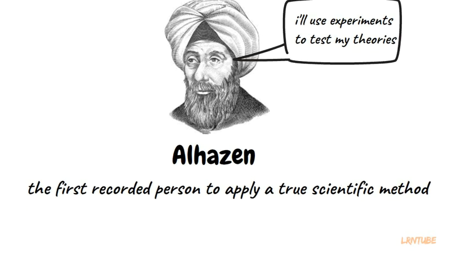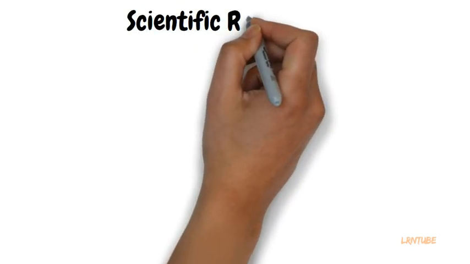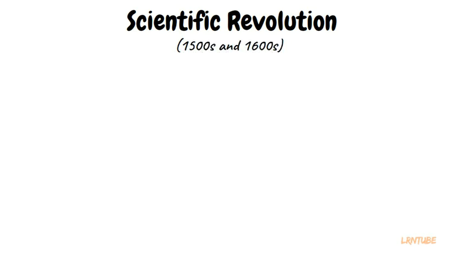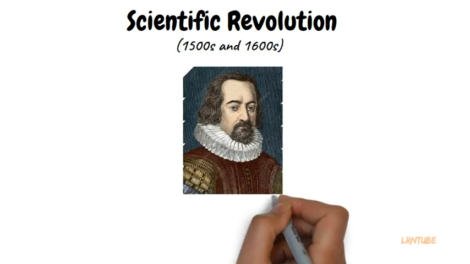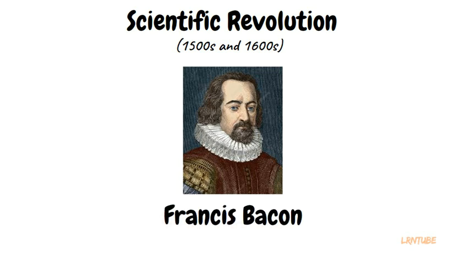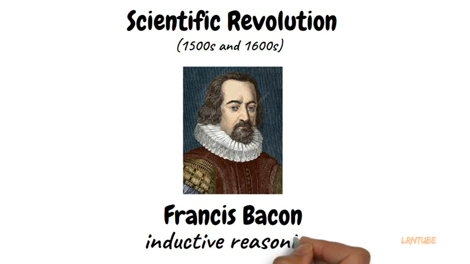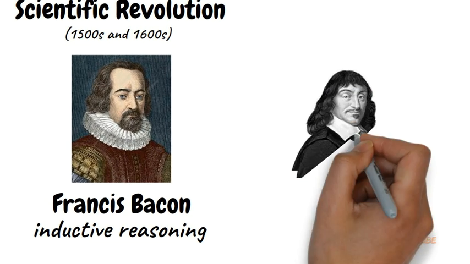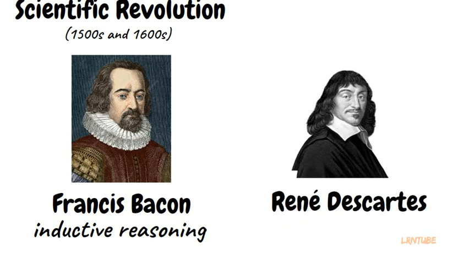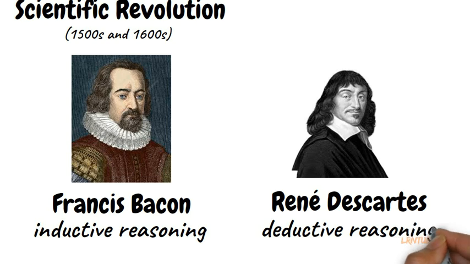true scientific method. During the scientific revolution of the 1500s and the 1600s, scientists started asking new questions about the world. Francis Bacon promoted inductive reasoning, that is, gathering data and drawing general conclusions, while Rene Descartes emphasized deductive reasoning and logical structure.